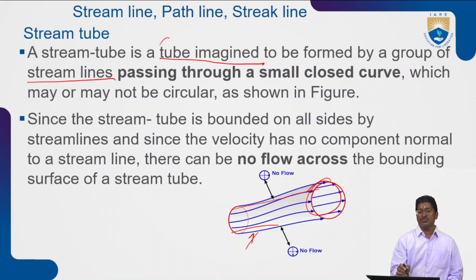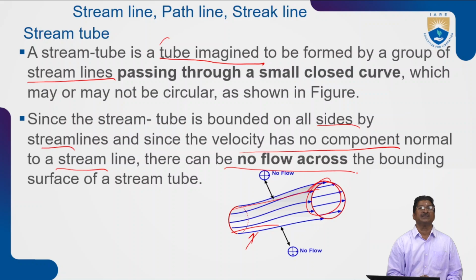Since the tube is bounded on all sides by streamlines, the velocity has no component normal to the streamline, so there is no flow across the bounding surface of the stream tube. Just like streamlines, there will be no flow across or perpendicular to the streamline. Similarly, for the stream tube there is no flow perpendicular to it.